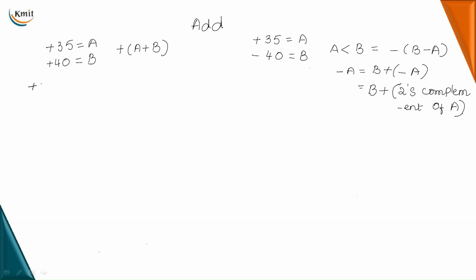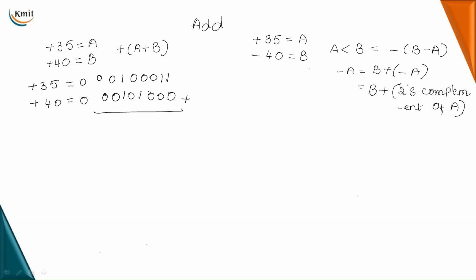First I will take the representation of plus 35. The sign bit is 0 and the magnitude of 35 is 0 1 0 0 0 1 1. Similarly, the representation of plus 40 has sign bit 0 and the magnitude is 0 1 0 1 0 0 0. I have to add only the magnitude part of the representation.